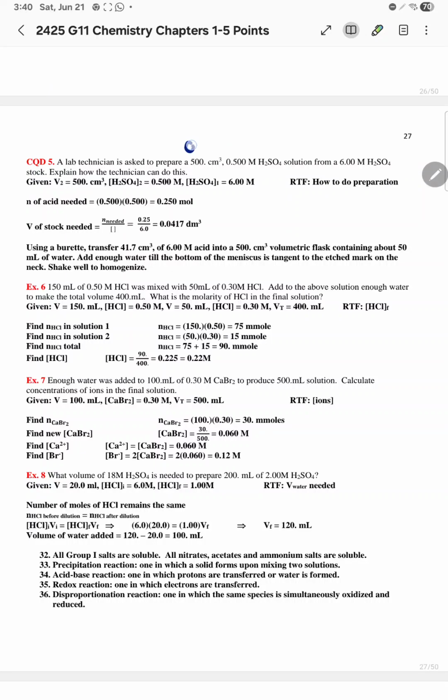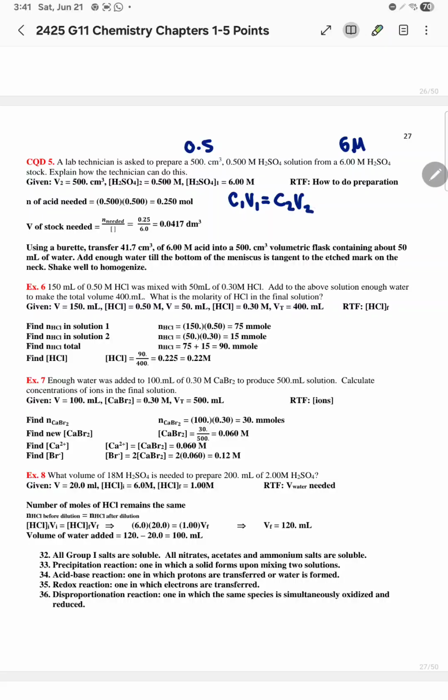Anyways, a lab technician is asked to prepare 500 centimeters cubed, so 0.5 liters, of this concentration solution from a solution that has 6 molarity H2SO4 stock. Explain how you can do this. Now what we know is, you need to know this equation, C1V1 equals C2V2.